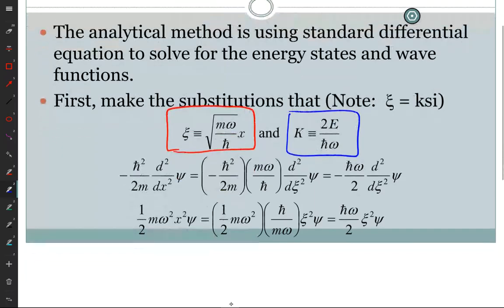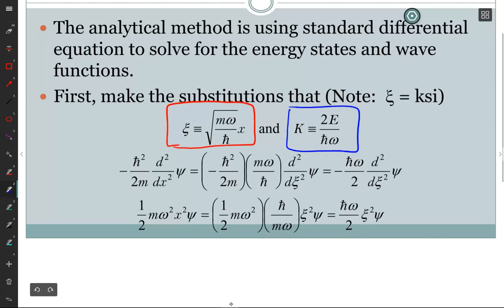And so I have here the first term in the Schrodinger equation: minus h bar squared over 2m times the second derivative of psi with respect to x.